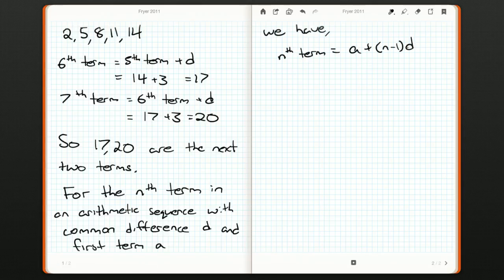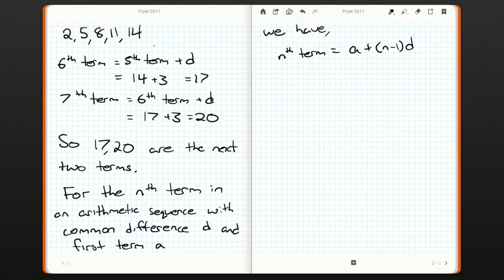Okay? So if you haven't seen this formula before, that's okay. Take a moment and try and verify. We know that for this sequence, we start with 2. So if a was 2 and n was 1, 1 minus 1 is 0. So it would just be 2 plus 0 times 3, that's just 2.